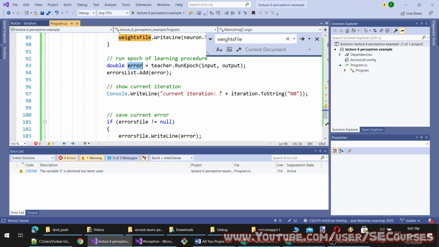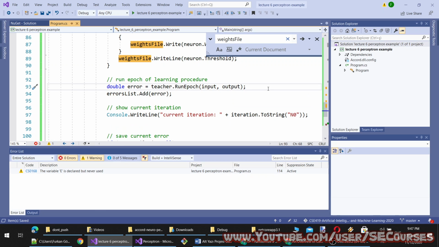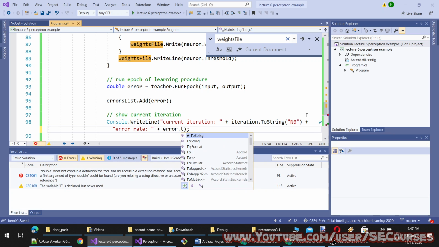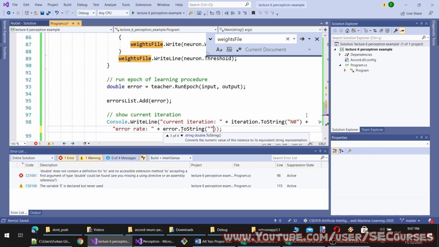And okay, we should of course show the error rate as like this ToString. I will show it with n3.